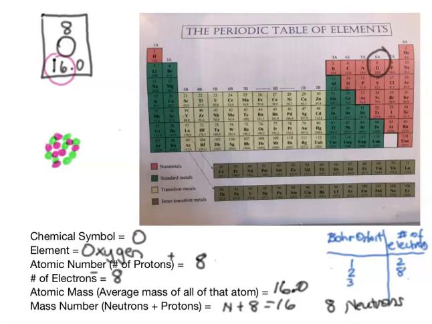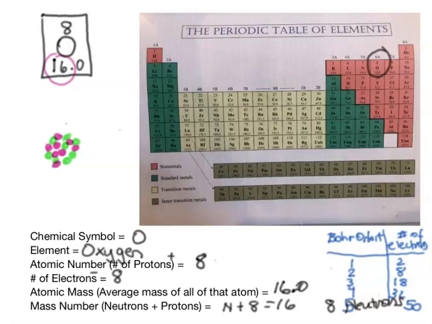Bohr orbit 3 can accommodate 18. Bohr orbit number 4 can accommodate 32. And Bohr orbit number 5, sorry about that, overwriting there, can accommodate 50, okay? So this tells us how many orbits we're going to need.